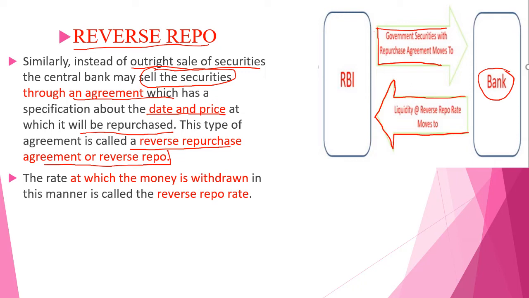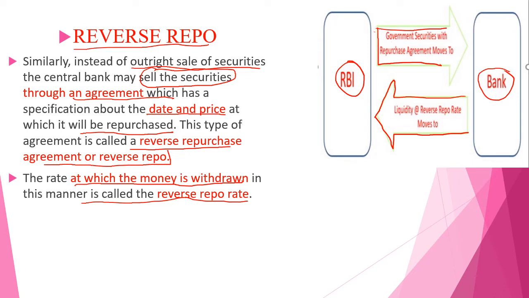What is the reverse repo rate? The rate at which money is withdrawn in this manner is called the reverse repo rate. Here, the Reserve Bank of India withdraws money from commercial banks, or you can say the Reserve Bank of India sells government securities.